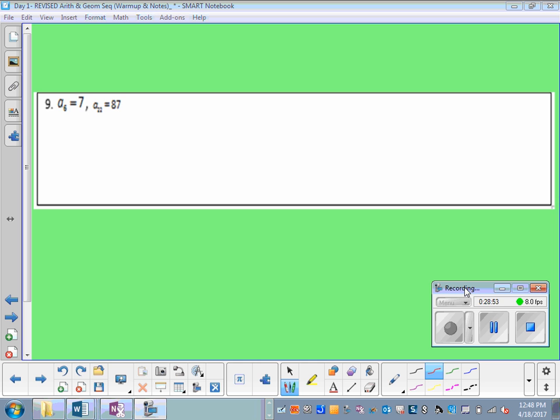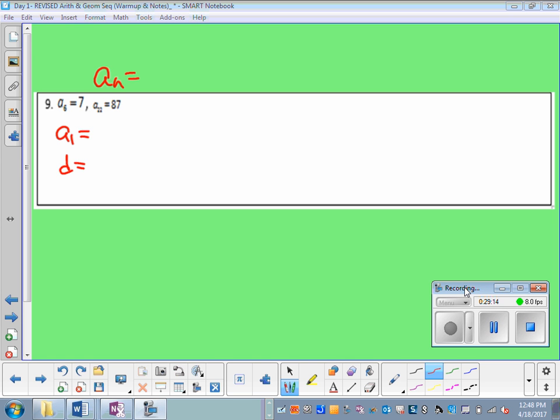Now the last one. The idea is exactly the same, but here you have different information again, right? Again, I need to figure out my formula for an, so I need to know a1 and d. Do I have any of these given to me? No, not a1, not d.